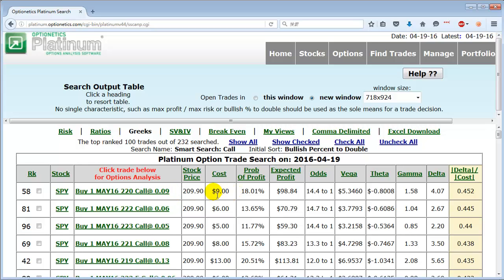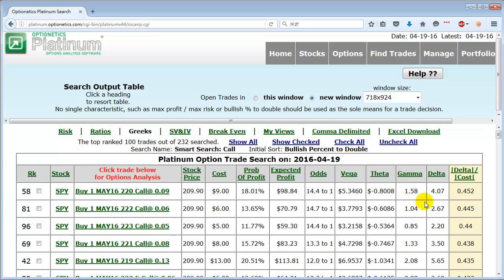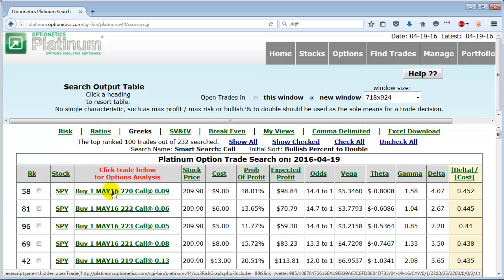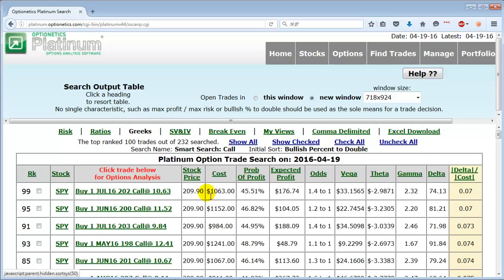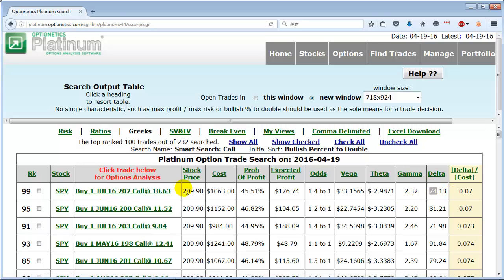So if you wanted to mimic 100 shares of the SPY, you would just buy about 25 of these, and then you could have 100 shares of the SPY for 25 times $9, which is going to be a lot cheaper than the very far in the money ones that have almost 100 delta but are very expensive. But remember, the strike price is only one thing you need to worry about when you decide on an option strategy.